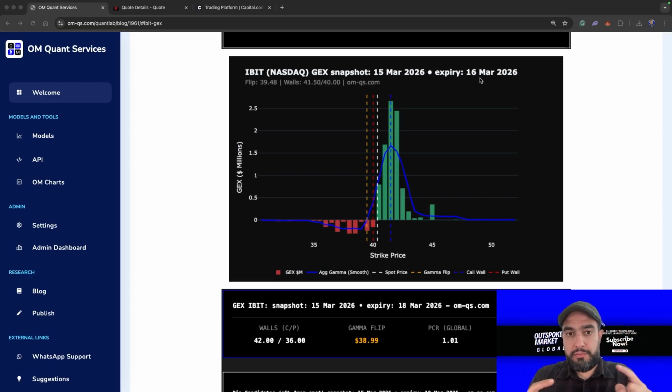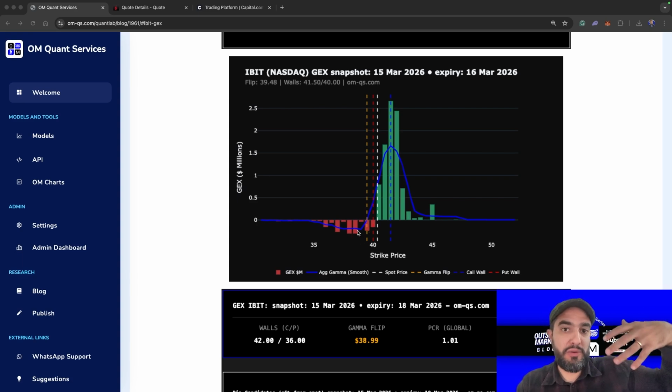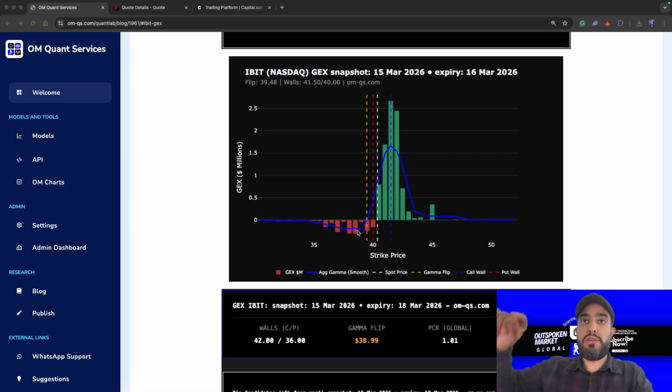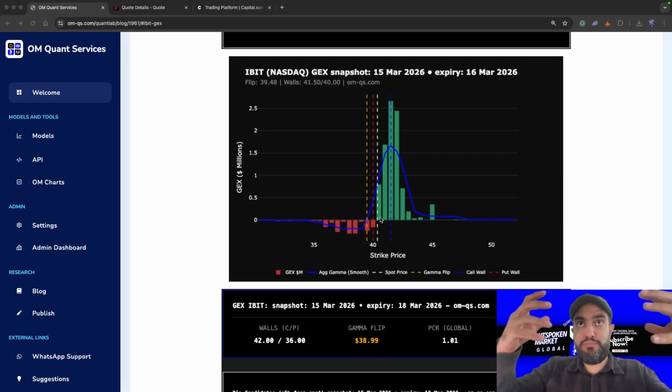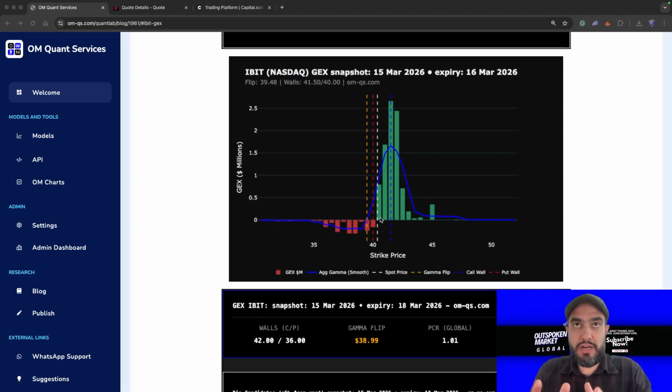And this is a complement because visually you can quickly notice a couple of things. Where the gamma flip happens, and the gamma flip is the strike, or actually the price, at which we have the transition between a negative gamma exposure, with the prevalence of the negative gamma, the red bars, so you switch to the positive regime in which the green bars dominate the chart.